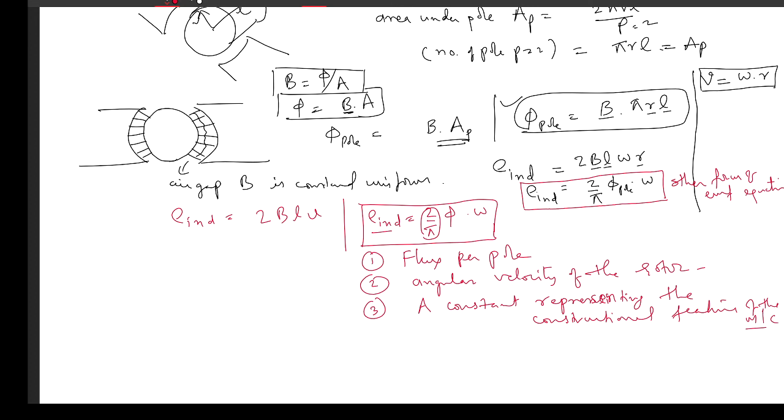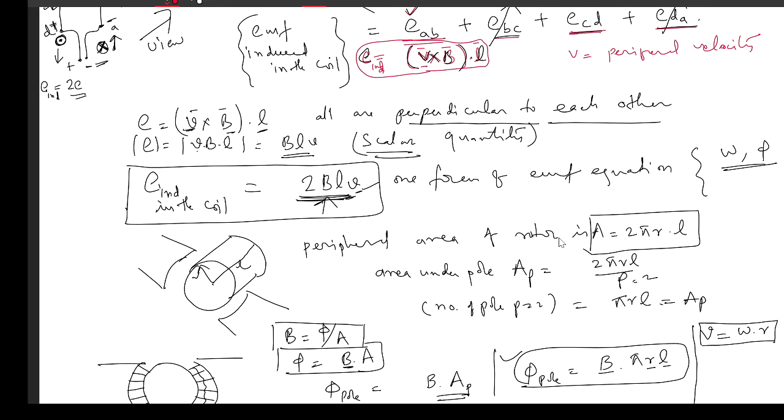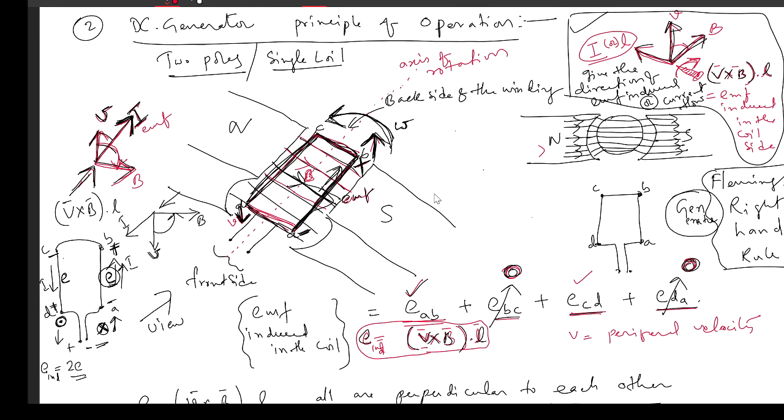What we have discussed here is that in a simple single coil 2-pole machine, the net EMF induced in the coil is actually the sum of 4 sides, but 2 sides effectively go to 0, and the other 2 sides remain.